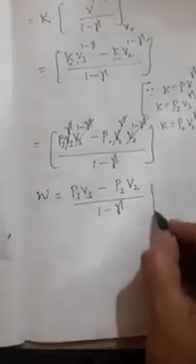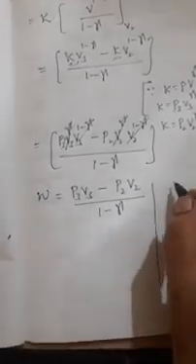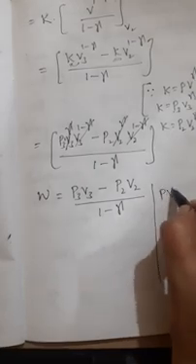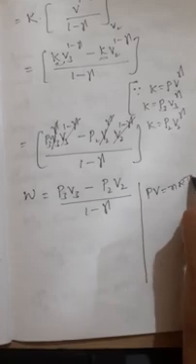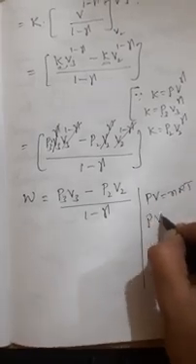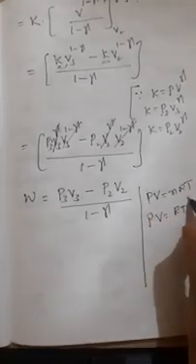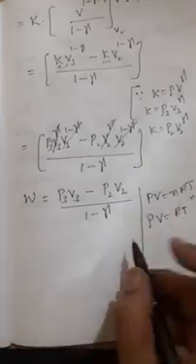Now here one more situation we can write. We know that the ideal gas equation is PV equal to nRT, or PV is equal to RT, since for an ideal gas with n equal to 1.